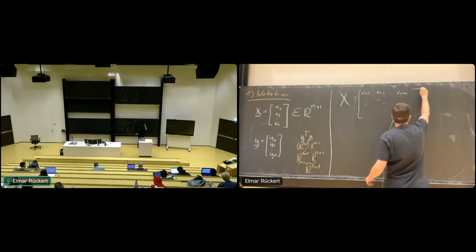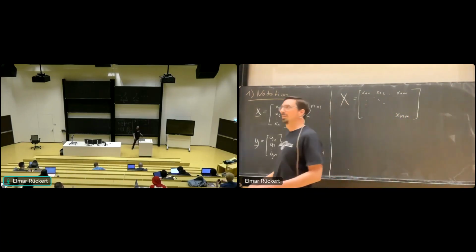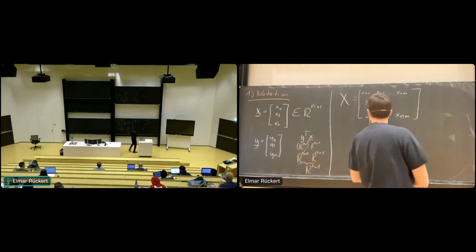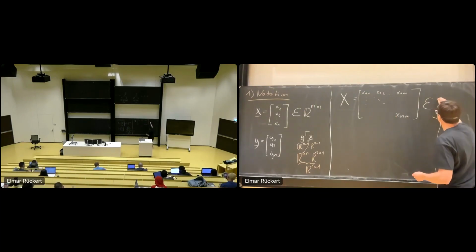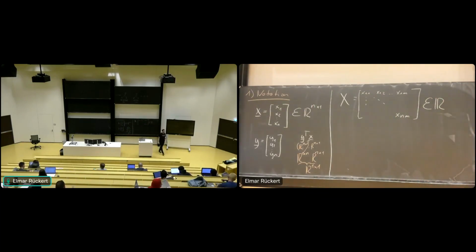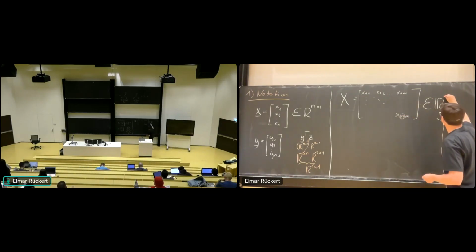Now, what is the dimension of this matrix? How many rows do I have and how many columns? I have n rows and m columns.